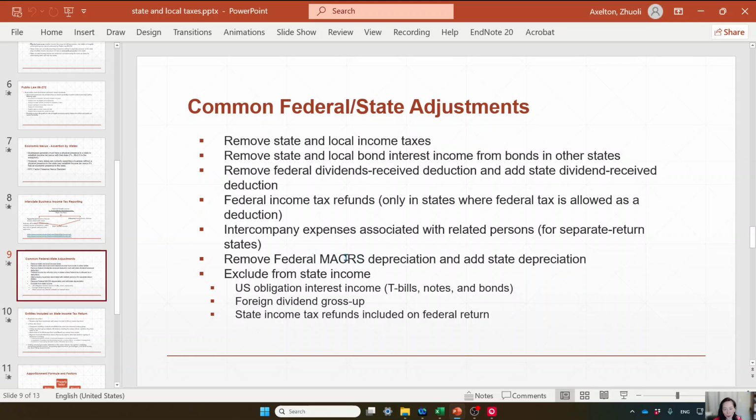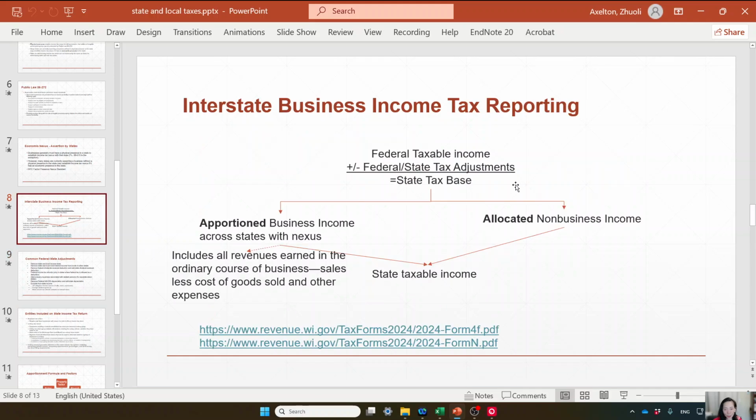The federal MACRS depreciation will not apply, and they add on the state depreciation. Some items will be excluded from state income, including U.S. obligation interest income, foreign dividends gross-up, and state income tax refunds included on the federal return. Again, all of these adjustments are used to derive the state tax base before the apportionment and allocation.